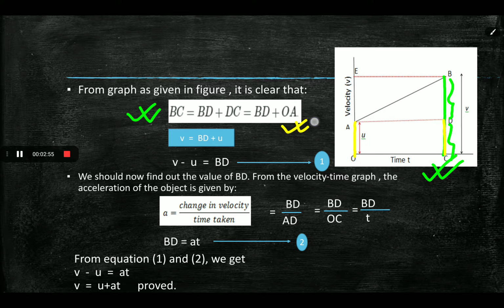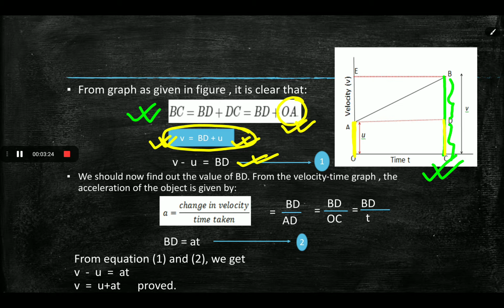Now, we know that BC represents the final velocity v, and OA represents the initial velocity u. So it is written here, v is equal to BD plus u. Now, using this equation, we will find the expression for BD. So it becomes v minus u is equal to BD.